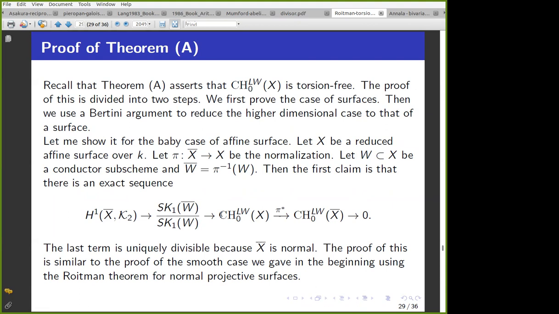I believe yes, but for that I have to give you a definition of this. Essentially here you will have some kind of Witt group of curves. Some kind of Chow-Witt group you will have to take.